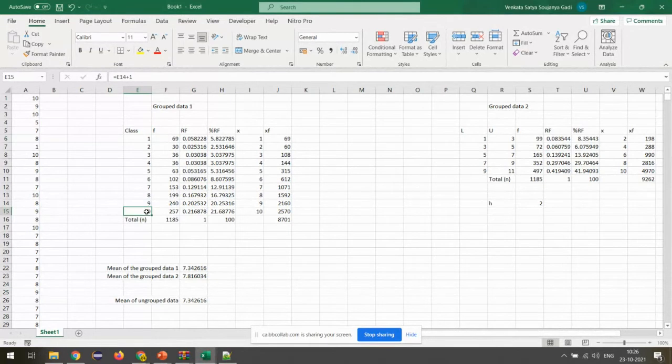So what we can understand is, as we have a smaller and smaller h value, we get a more accurate estimate of the mean.